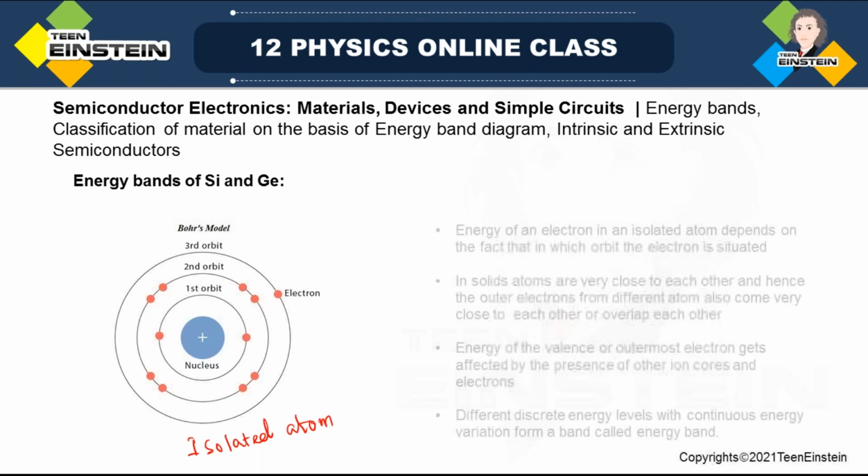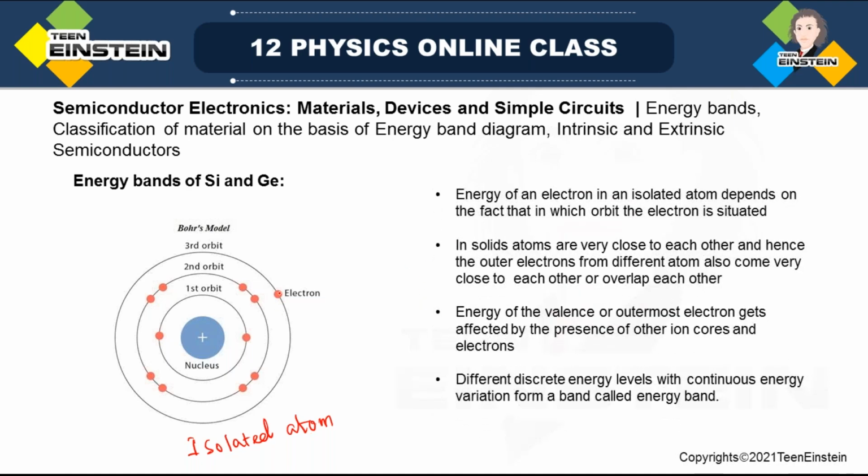So in the case of an isolated atom, the energy of any electron depends on which orbit it is situated in. We know the energy En is equal to minus 13.6 by n square for the hydrogen atom.